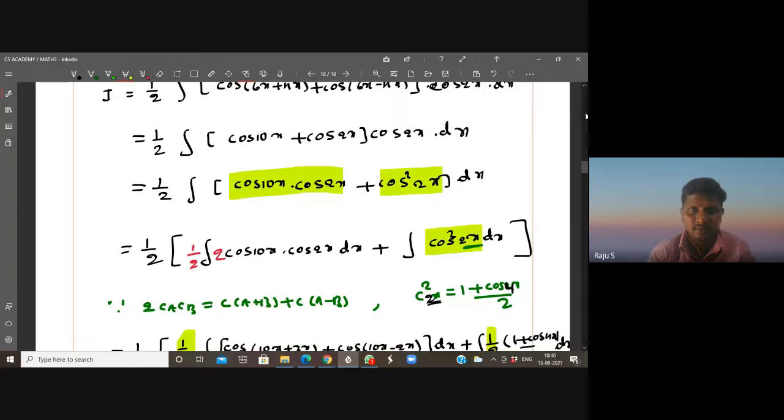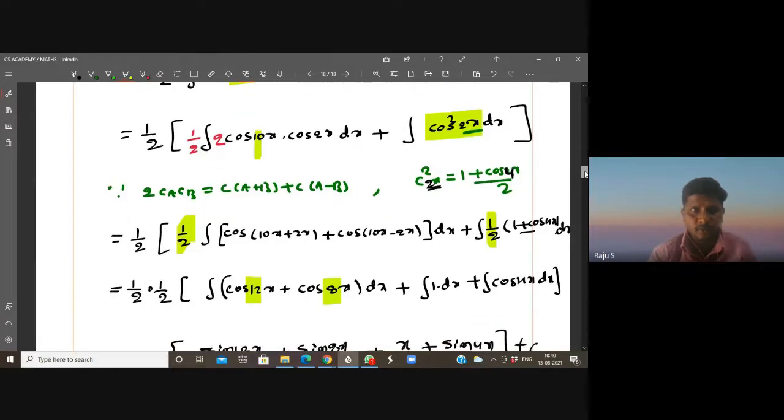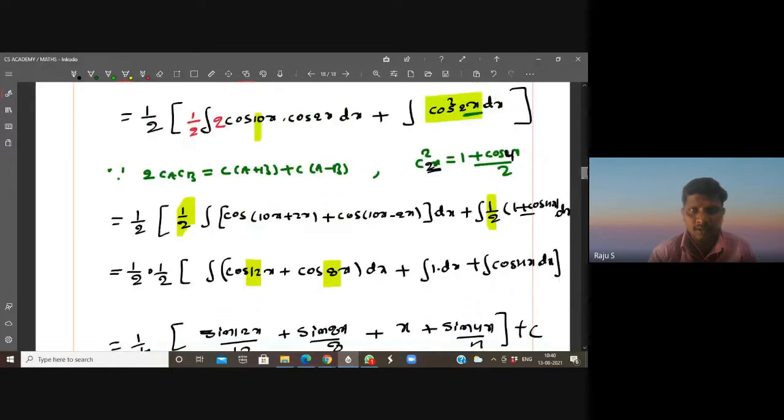Again I have written the integral separately. After writing separately, again I multiply and divide by 2. Here the 2 cos a cos b form I apply again. And for the second one, carefully, cos square 2x is there.